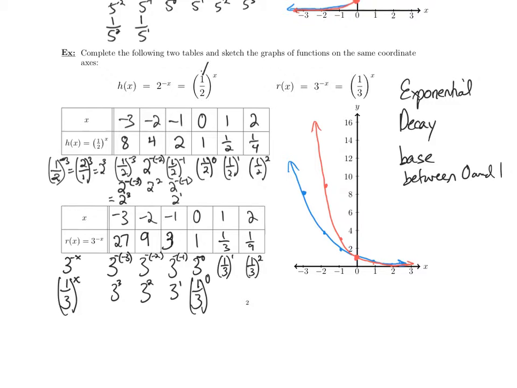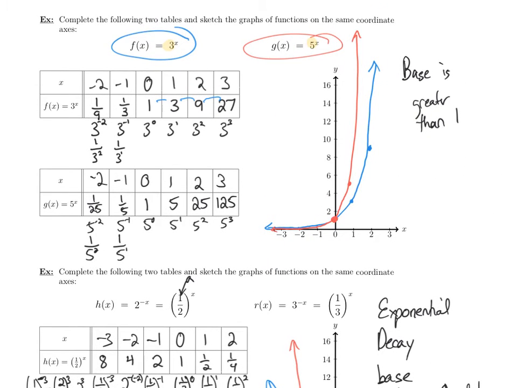In other words, if we call the base A, then A is greater than 0 and less than 1. Whereas if we look up at the top here, this one had a base that was greater than 1. So you can actually glance at the base for an exponent and just determine by glancing at the base, is this going to be exponential growth? Or is it going to be exponential decay?